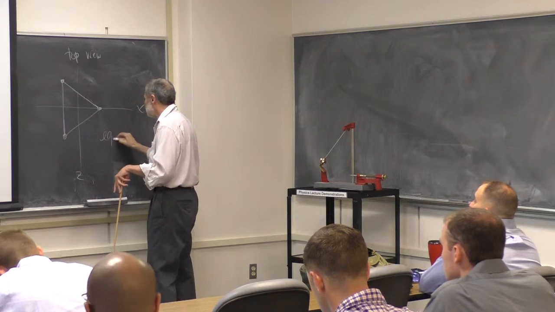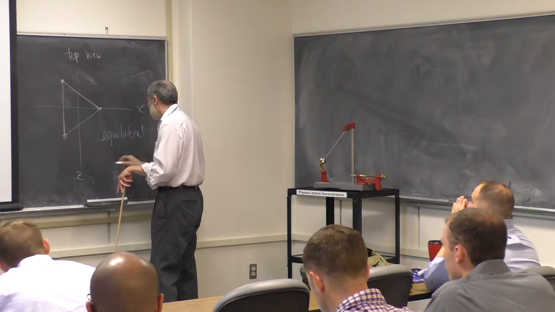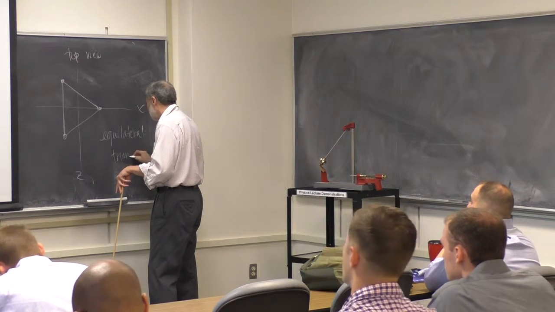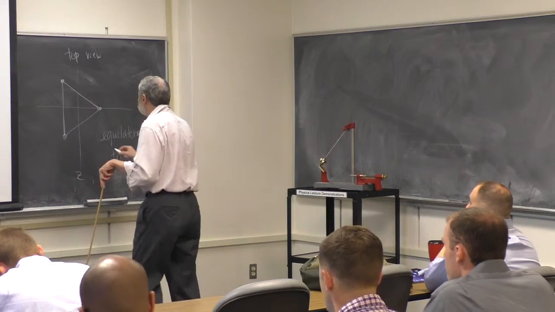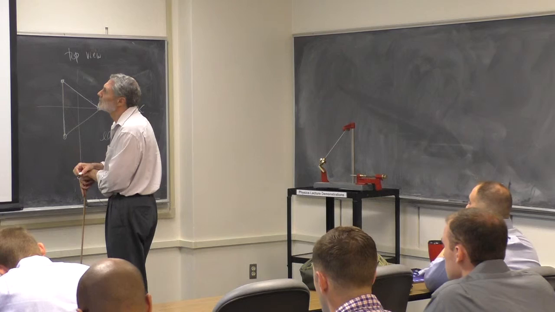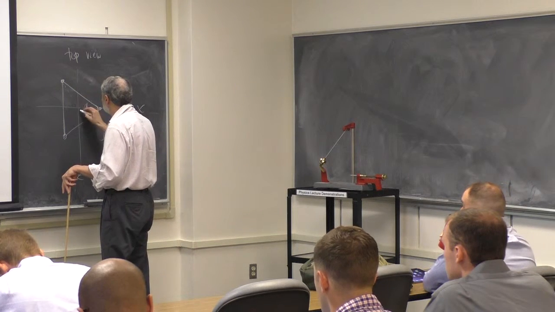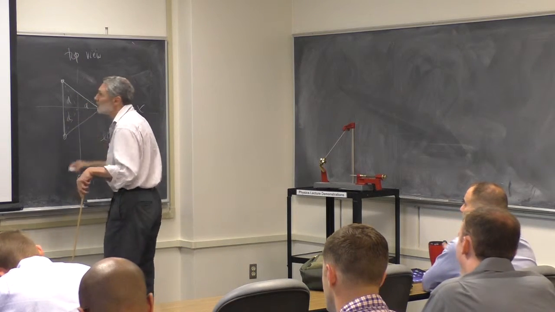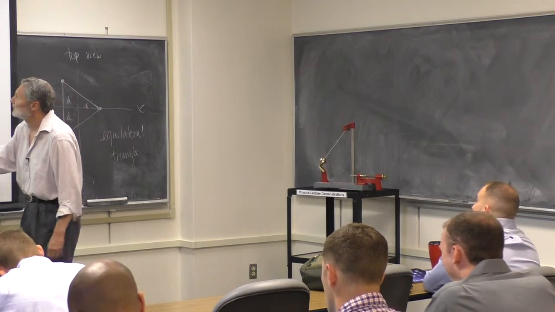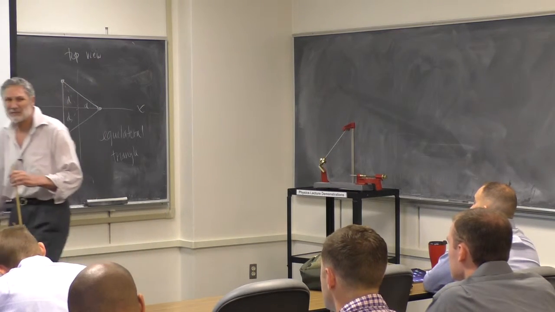So all sides have the same length. You've got to make sure you see this to do the problem. So this is D. This is D, and that's D. They're all the same distance to the geometric center. This is the geometric center. Okay, everybody see that? Anybody have any questions about that?